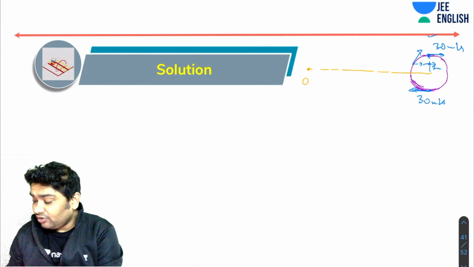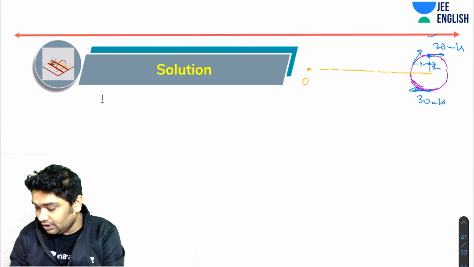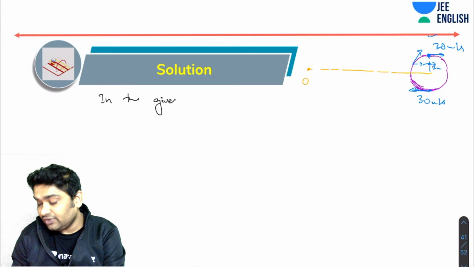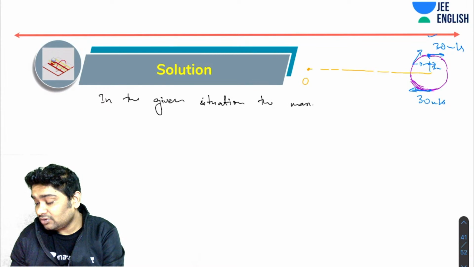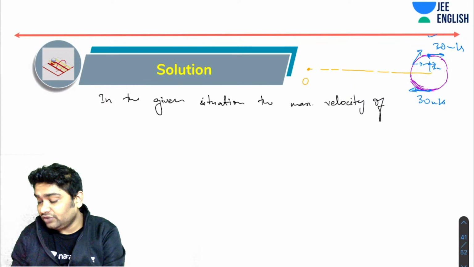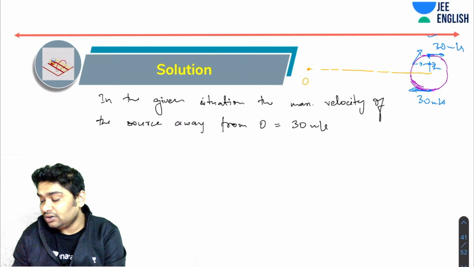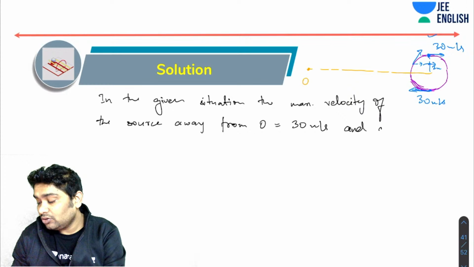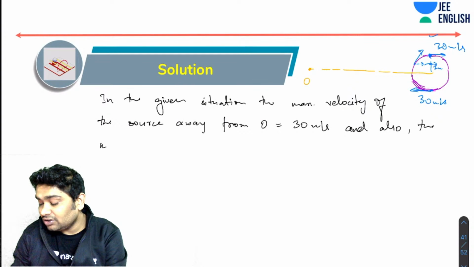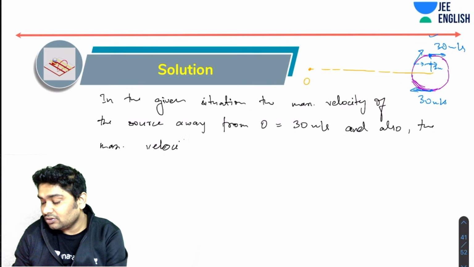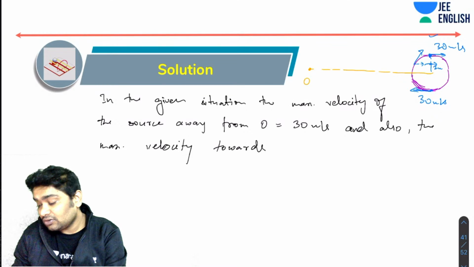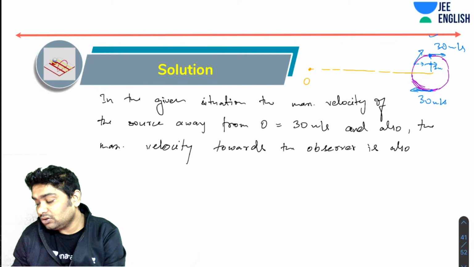So from the given situation, the maximum velocity of the source away from the observer equals 30 meters per second, and also the maximum velocity towards the observer is also 30 meters per second.